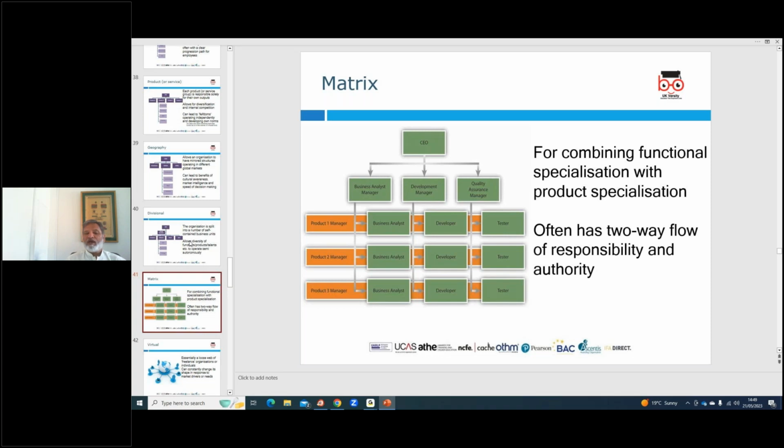These people have a two-way flow of responsibility and authority, okay, for combining functional specialism with their product specialism. So it's a little bit more complex structure that you need to look at.